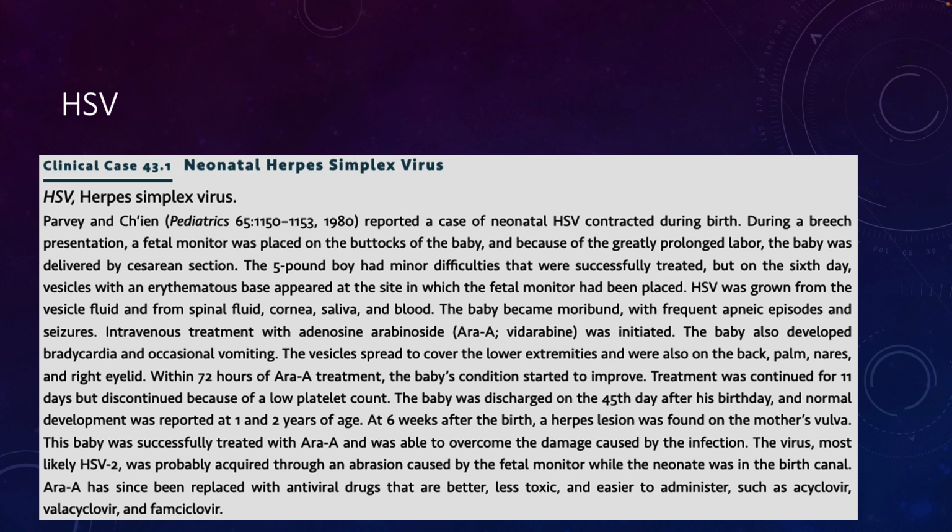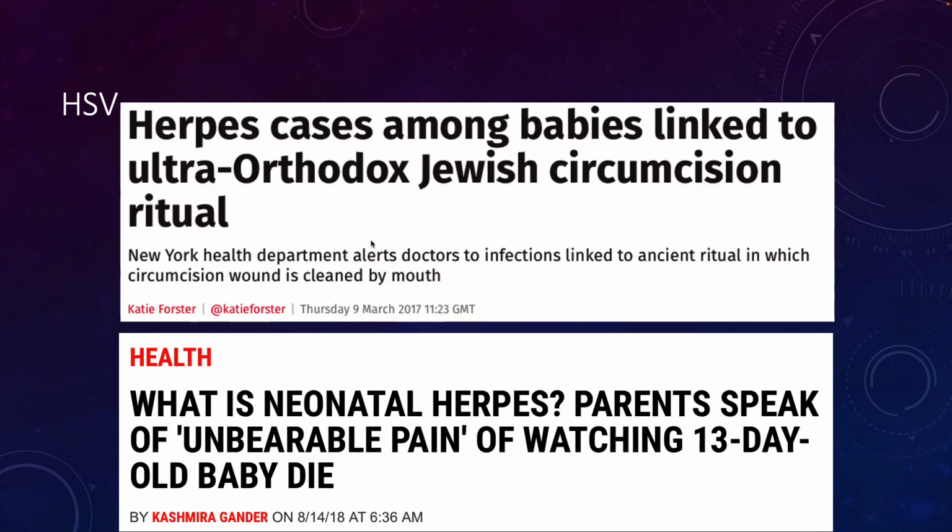And so one of the other things you have to think about as a healthcare professional is what patient groups might be at risk. So this is herpes cases among babies linked to an ultra-Orthodox Jewish circumcision ritual. This was in New York. There's a population of very observant Orthodox Jews, and one of the rituals they do surrounding circumcision is that the religious official, like the rabbi who's performing the circumcision, removes blood from the circumcision site using his mouth.